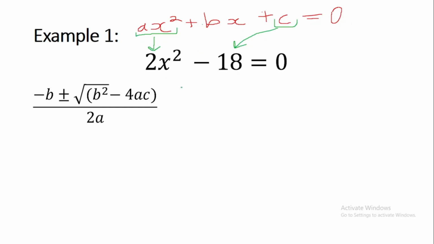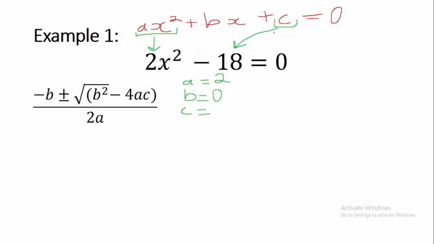So what we're going to do now is write what our a is, what our b is, and what our c is. Our a is the coefficient of x squared, so that's going to be 2. b, the coefficient of x, is going to be 0, because there's no x term right here.